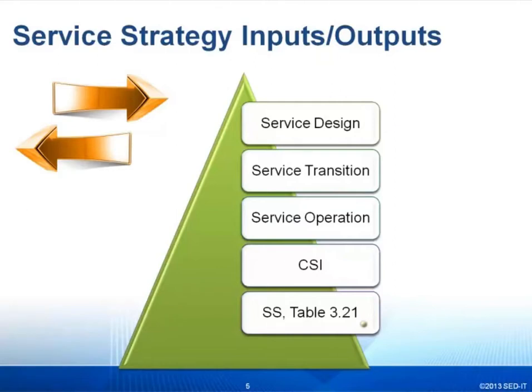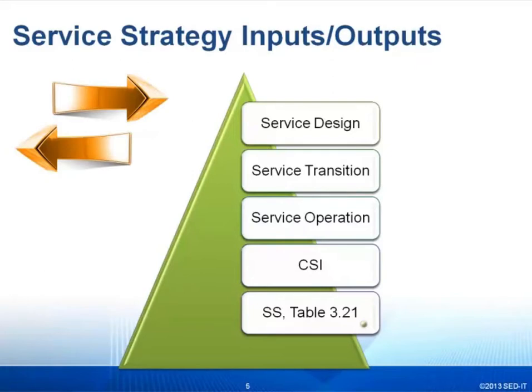Now, how would the other life cycle phases provide information to strategy? Well, what is the output of design? Well, design has some input into the business case development, they will provide some updates to the service portfolio, including the service catalog. They'll provide some financial estimates and reports, et cetera.